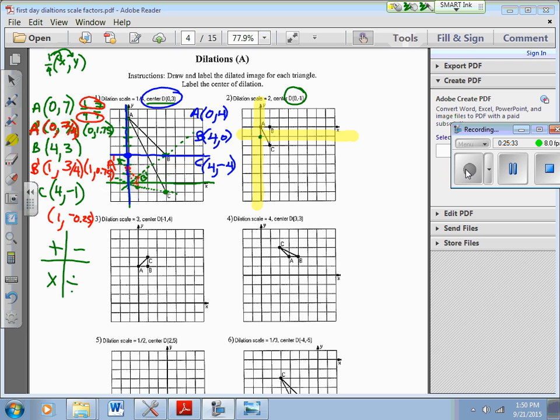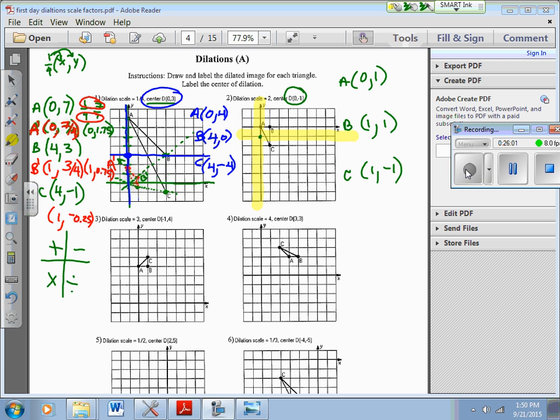And now pretend that's the origin. Yeah? So the coordinates for A then technically would be 0, 1. For B, they would be 1, 1. And for C, they would be 1, -1.